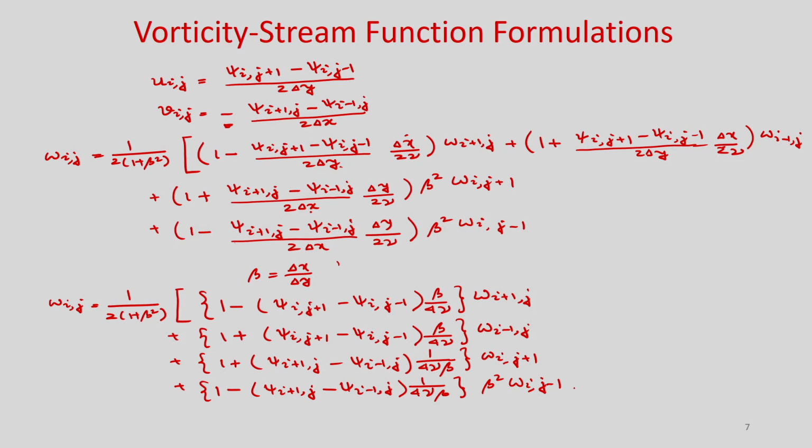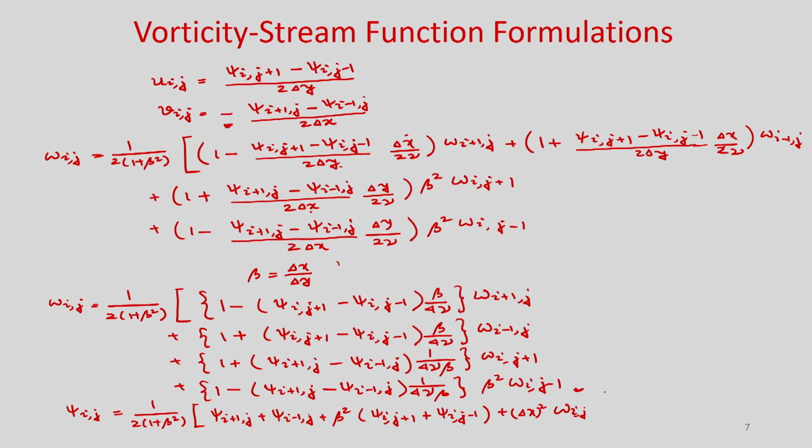So this is the discretized equation for omega ij in dimensional form, and whatever psi we already derived, ψ_ij is 1 by 2 into (1 plus β²). Okay. ψ_{i+1,j} plus ψ_{i-1,j} plus β² ψ_{i,j+1} plus ψ_{i,j-1} plus Δx² ω_ij.